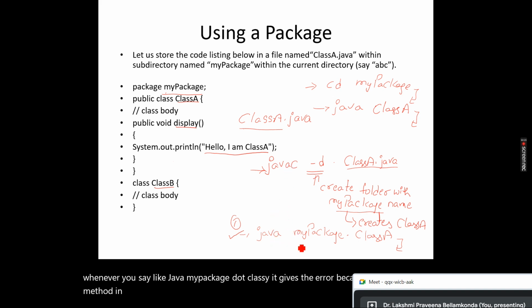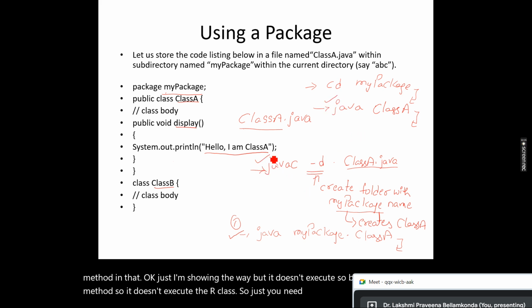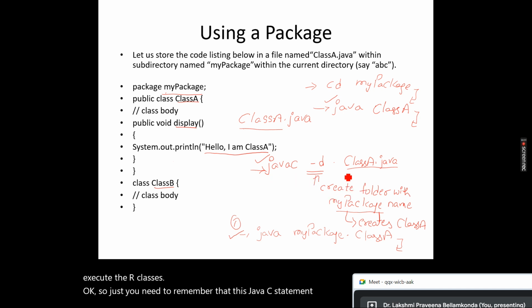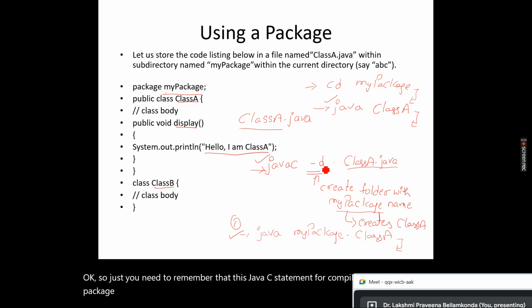I am just showing the way, but it doesn't execute. So just compile it first. Execution we will do from another program where we will import the package and execute our class A. So just remember this javac statement for compilation of your package file.